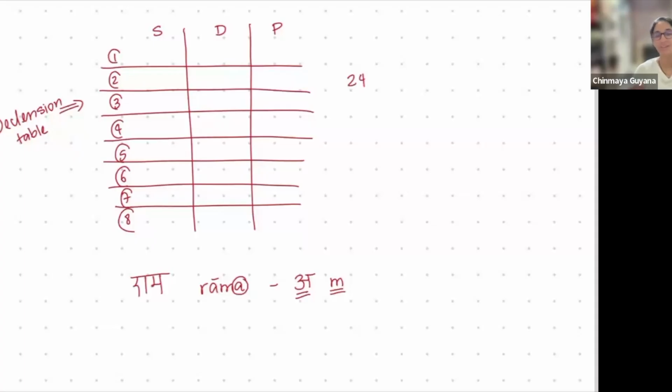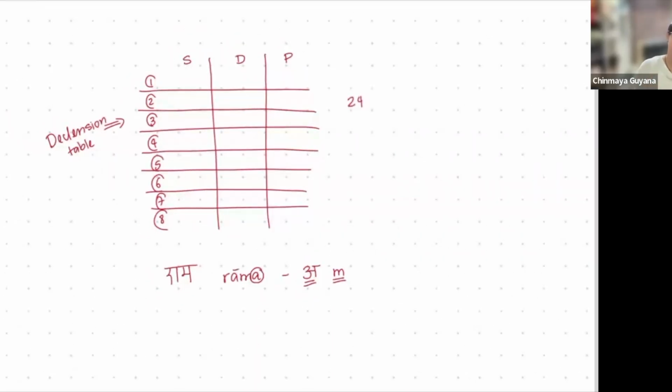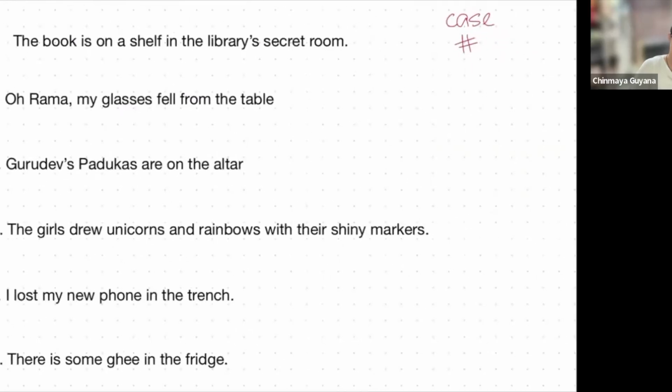You'll see it's very simple. You don't need to worry about that. Okay, so this is a declension table, and all the 24 versions that you will find here are called the declensions of the noun. We'll recap that again, but I want you to remember this is called a declension table. Okay, now let us go through our homework and then we will continue.